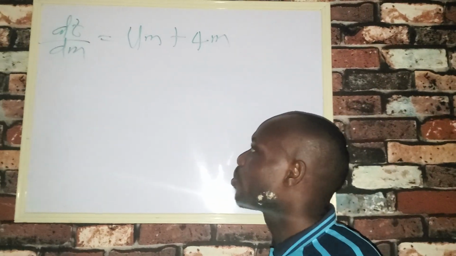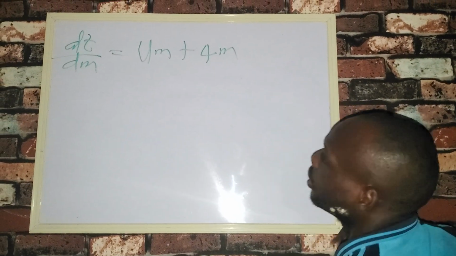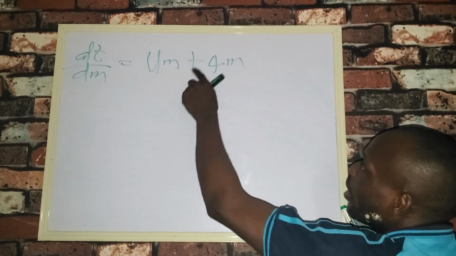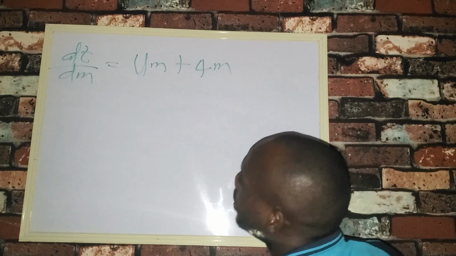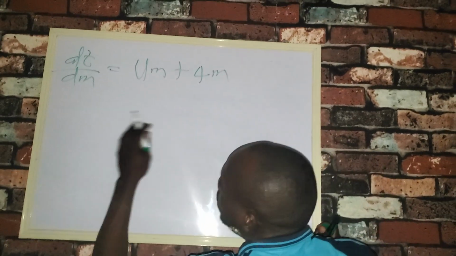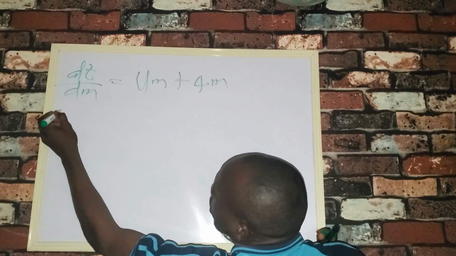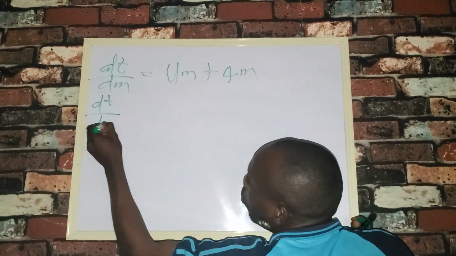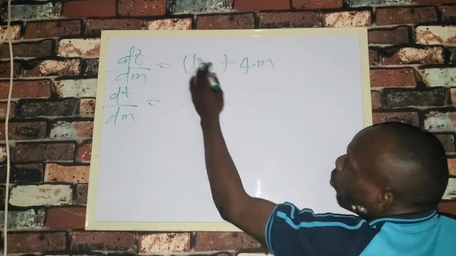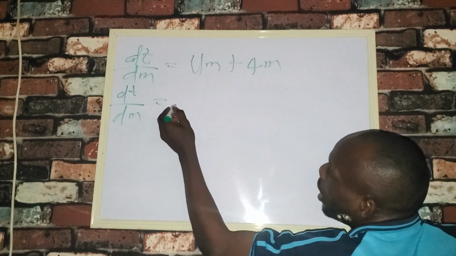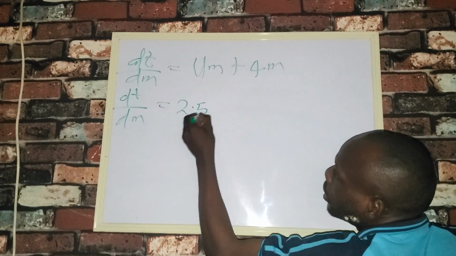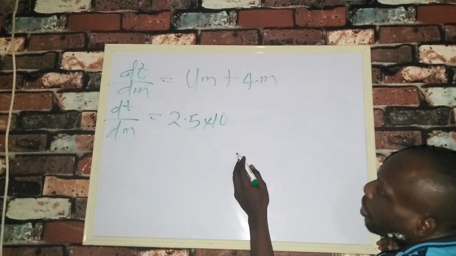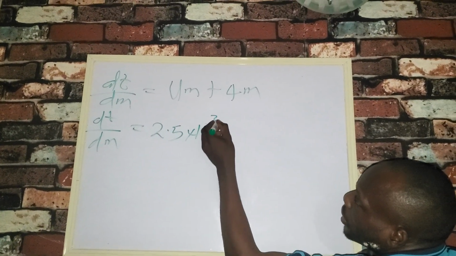Come with me. Now here is the formula, which is the dt dm equal to capital Um plus 4m. So right now we're going to substitute the quantum mass worth into the formula. We have the constant, our regular constant, which is 2.5 times 10 raised power 39.